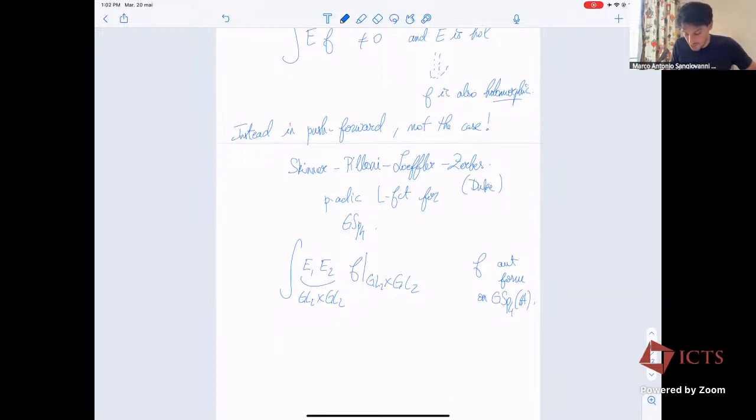Then if E1, E2 are holomorphic, but if F is holomorphic, this is 0. You need something that contributes, I believe, to the coherent H2.